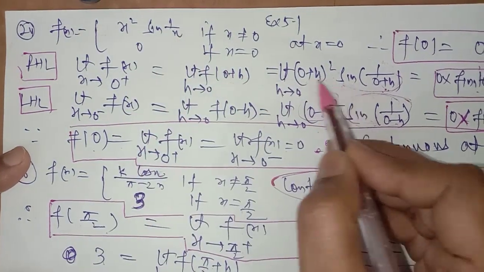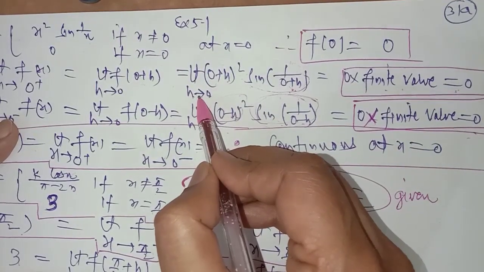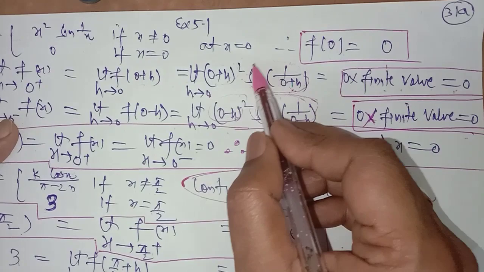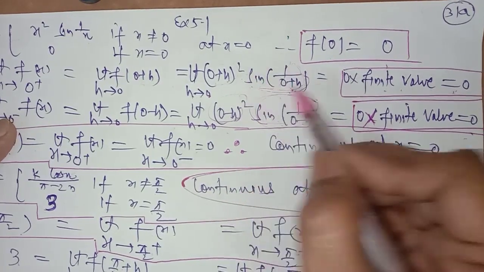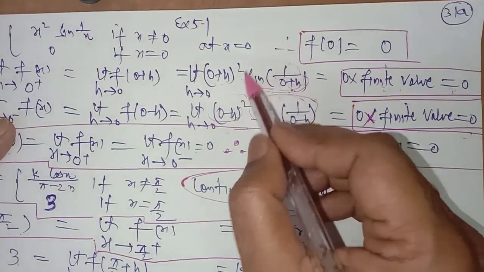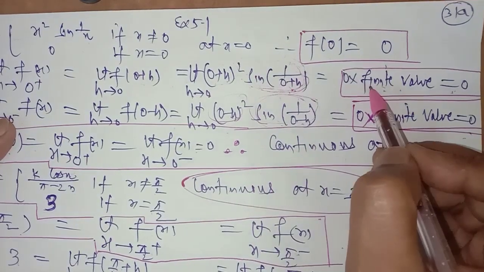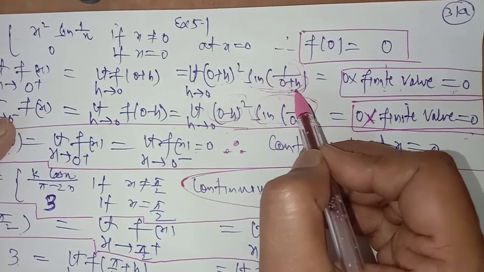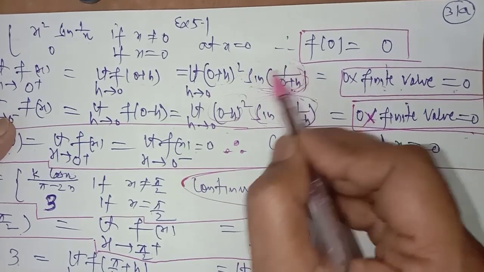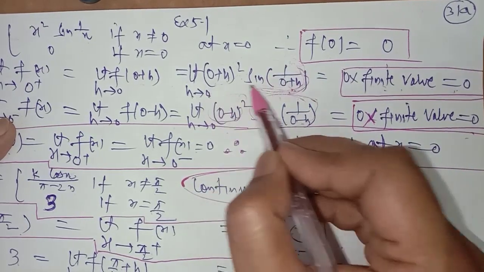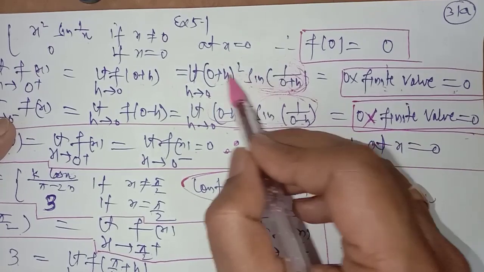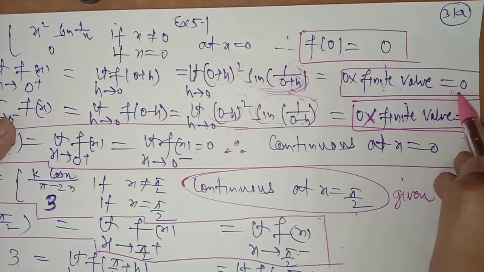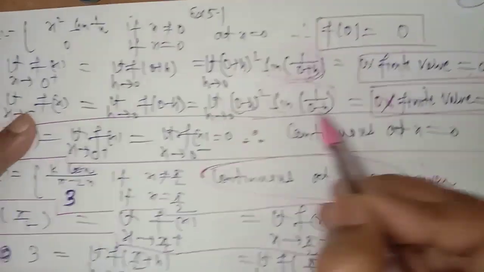Now if we take the limit as h goes to 0, this term will become 0, and the value of sine is always a finite value, whatever the angle. Sine 1 upon 0 plus h will always be finite for any value of h. This is the main step: 0 into a finite value is equal to 0. So the right hand limit is 0 here.